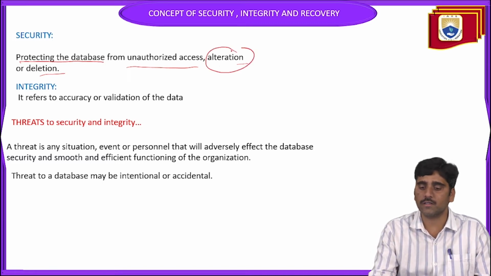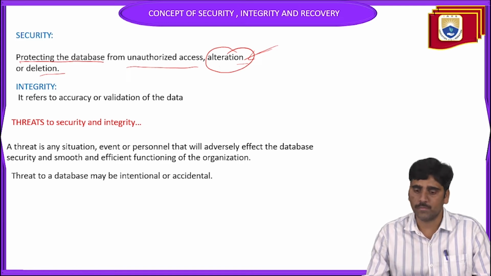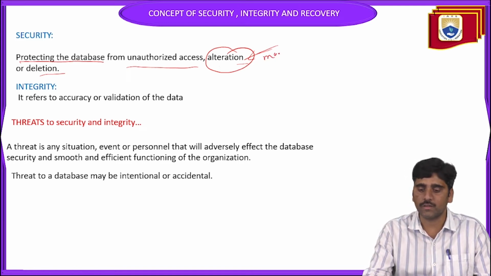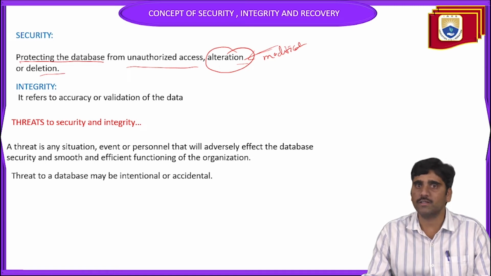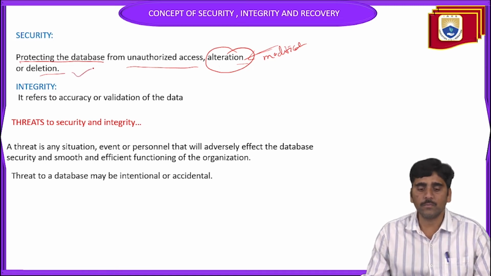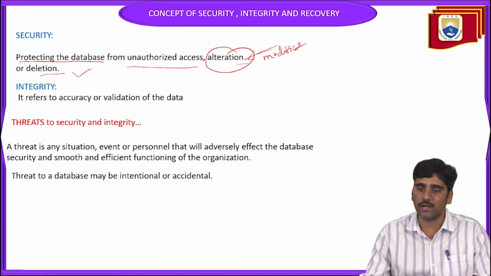Alteration is nothing but when some user enters into the database and modifies it according to his own purpose. So alteration is nothing but modification. If he wants to modify the data, he can do that modification. So that is alteration or deletion. So we are protecting the database from unauthorized access, unauthorized alterations or unauthorized deletions.